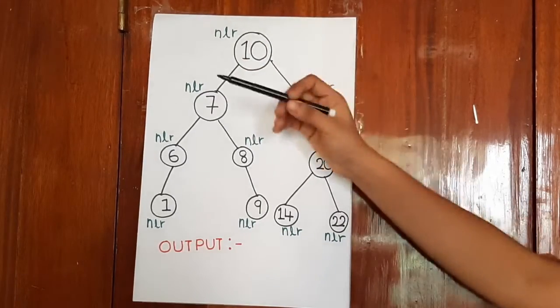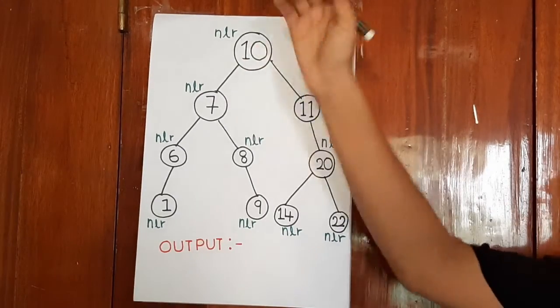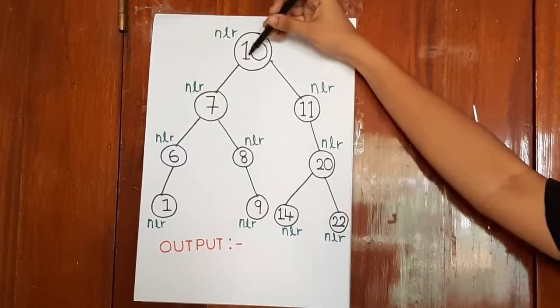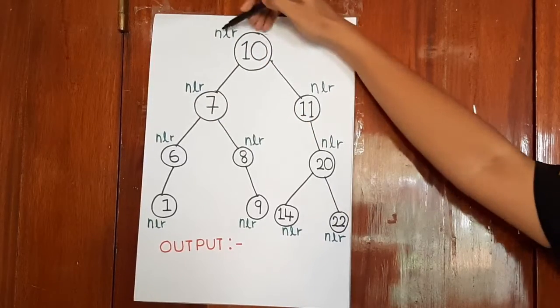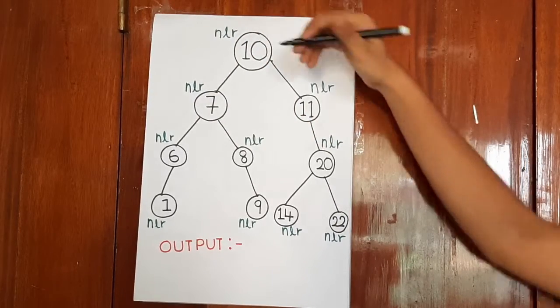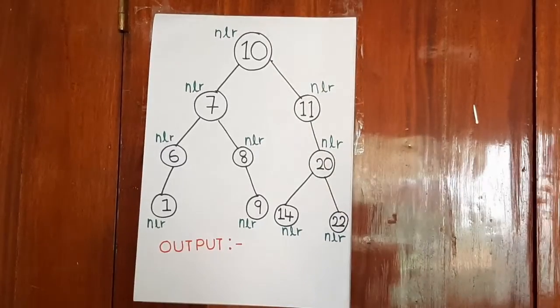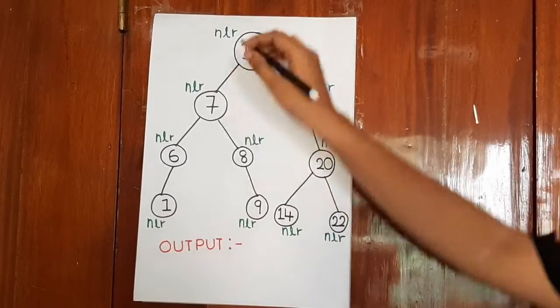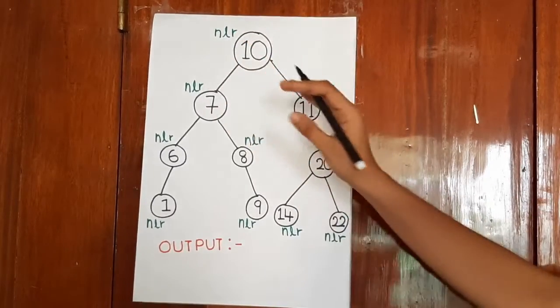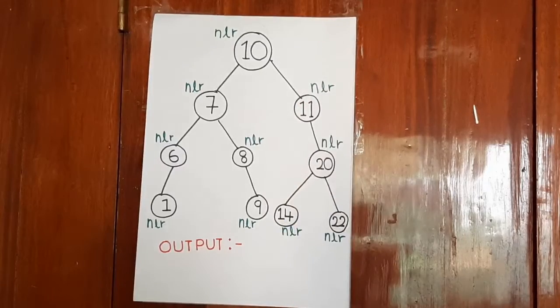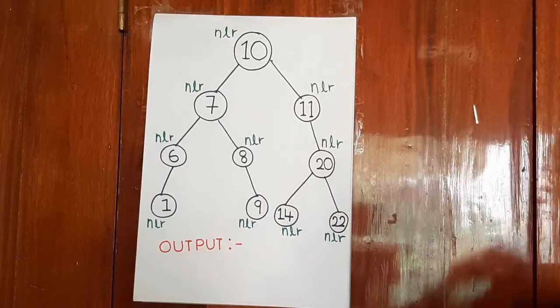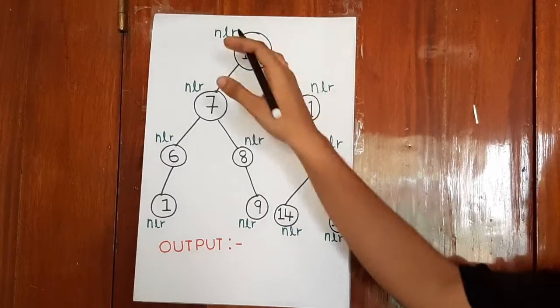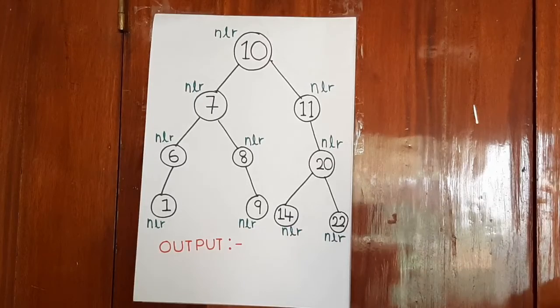First I have to focus on the node. When we are focusing on the node, we write the value of the node as the output. Every time it comes to a node, it gives the output.